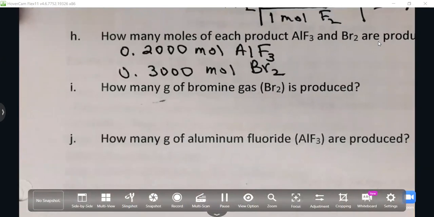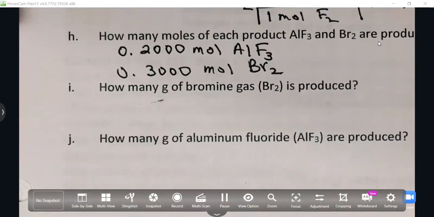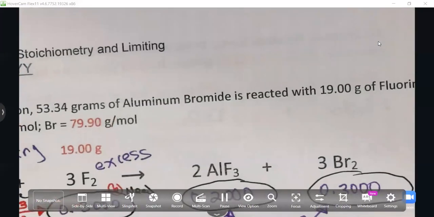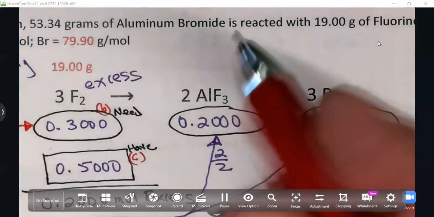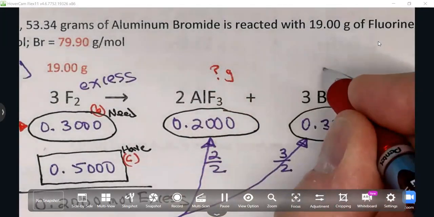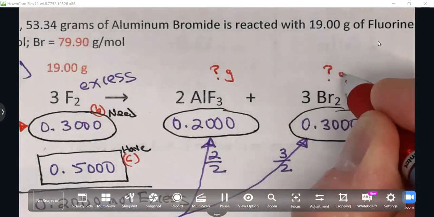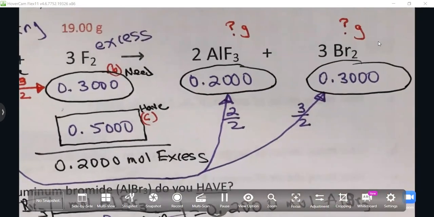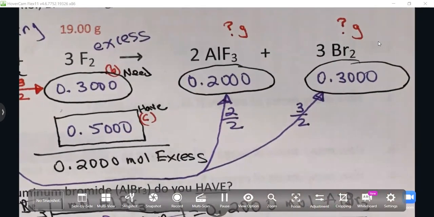And then the next question says, the next two is how many grams of each product produced. So now we're going to finally calculate the grams here, and we're going to calculate the grams here. We don't know how many grams. Well, we've got the moles.